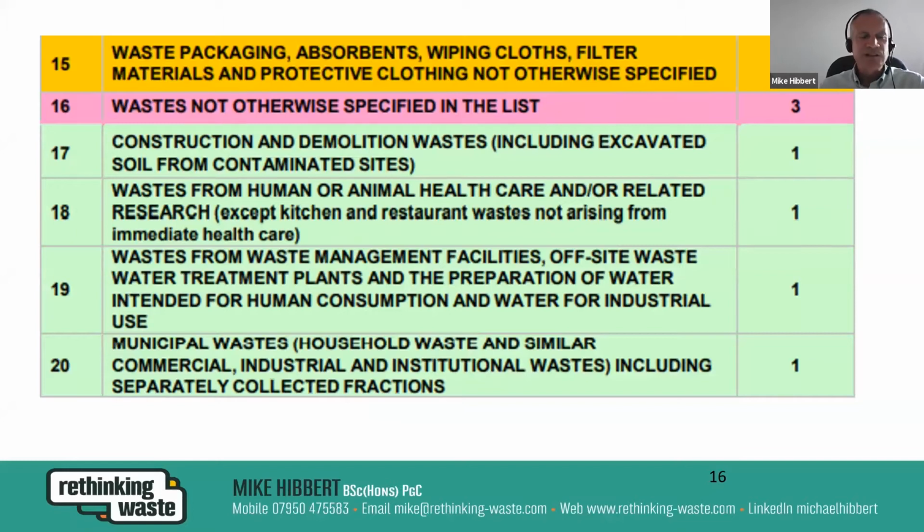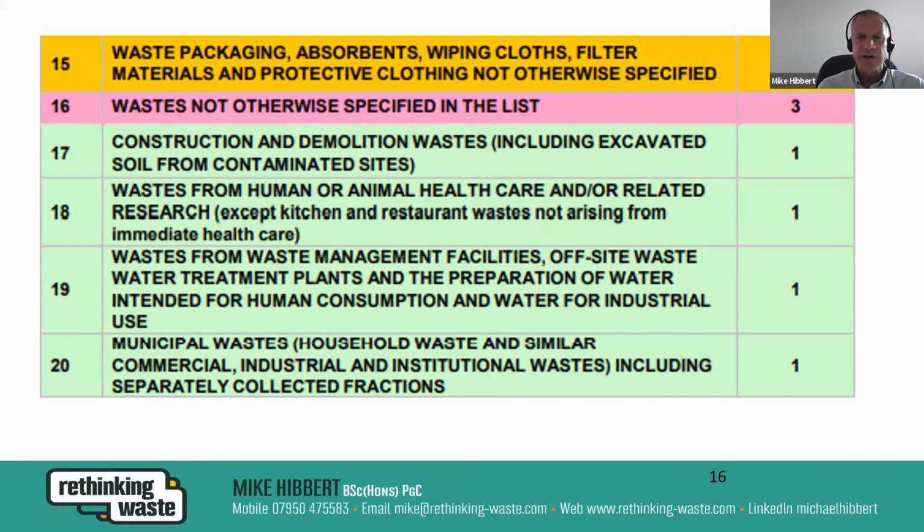The table is color coded, and you can see on the right hand side that it says 1, 2 and 3. So when we're looking to establish the most appropriate 6-digit code, then we should first look in chapters 1 to 12 and 17 to 20.